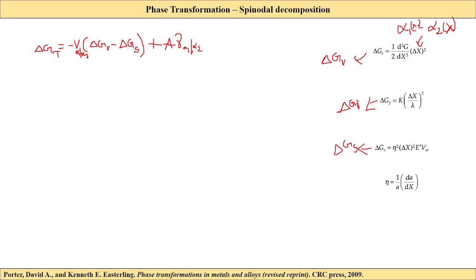Now, my volumetric free energy will depend upon the change in composition between alpha 1 and alpha 2, the difference in composition. The strain energy will also depend upon the change in composition of alpha 1 and alpha 2, and the surface energy will also depend upon the change in composition between alpha 1 and alpha 2. Right, so that's how the accommodation at the surface changes.